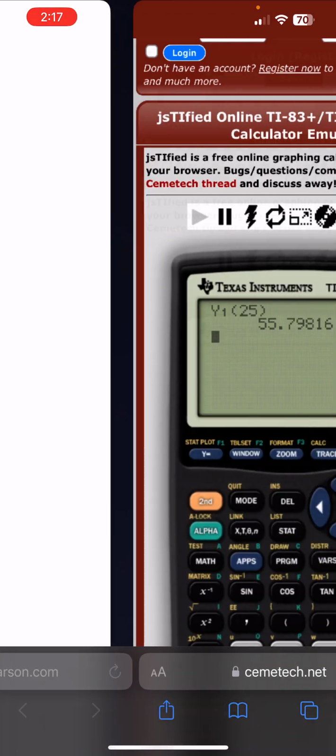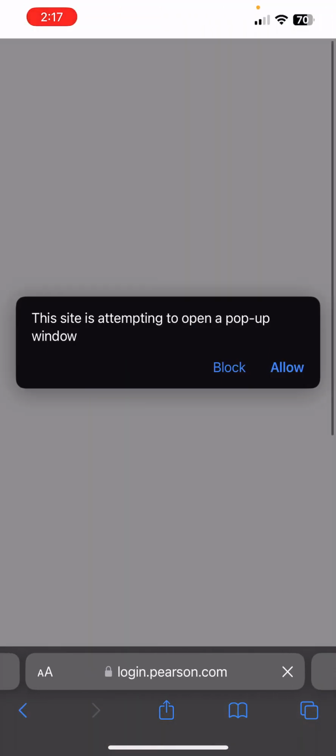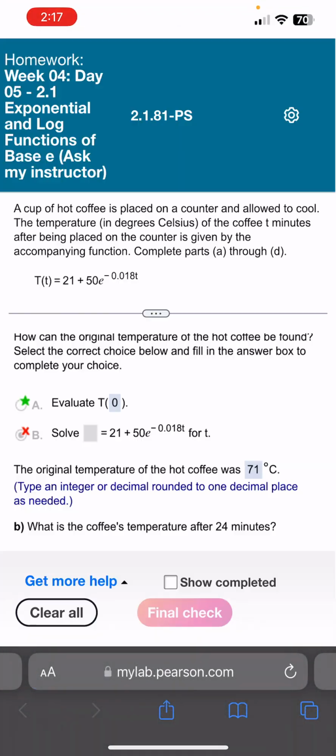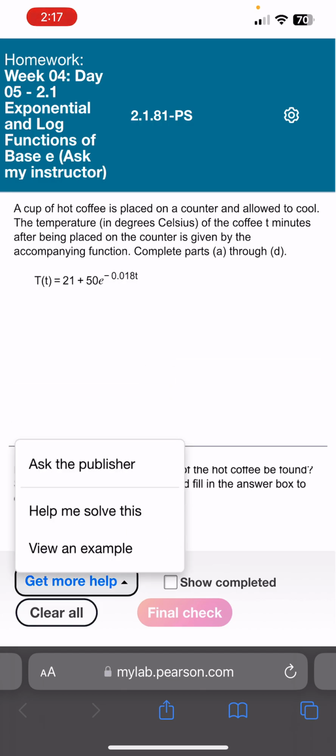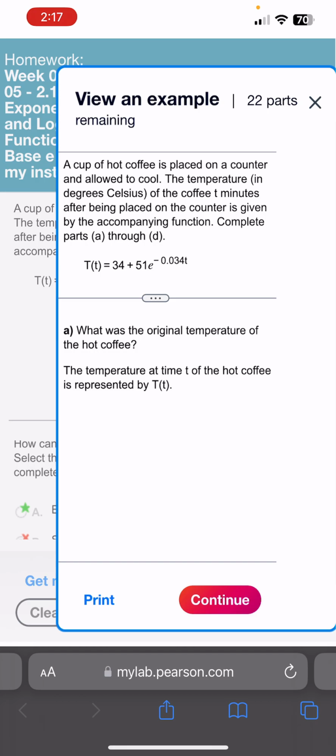Oh no, I lost it. Where'd it go? I guess it tried to refresh. All right, so I think I'm going to have to just refresh it. Let me see. I'm going to click on view an example, and I think it'll pull it back up.